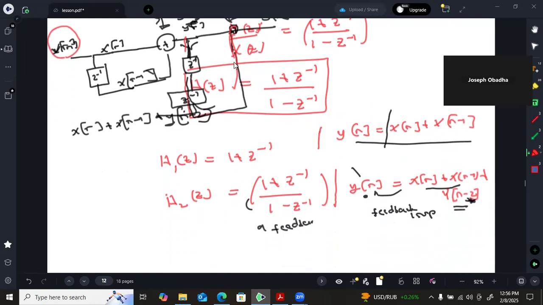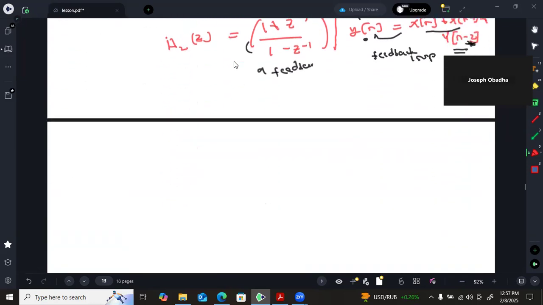Or we can look at it like this, because we have seen that systems are defined by the impulse response.